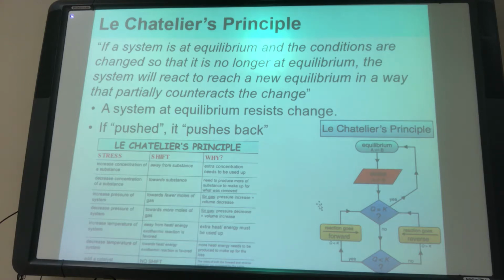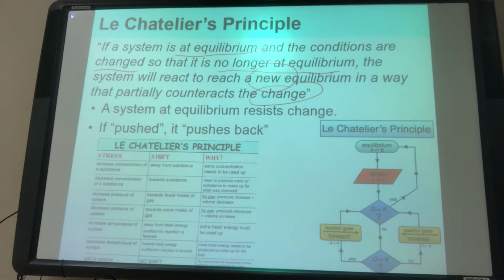All right, so let's talk about Le Chatelier's principle. Le Chatelier's principle says that if a system is at equilibrium and the conditions are changed so that I'm no longer at equilibrium, the system will react to reach a new equilibrium that will counteract this change.